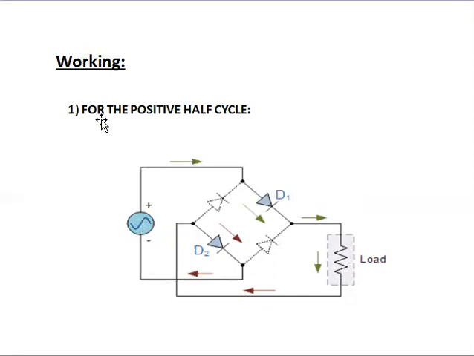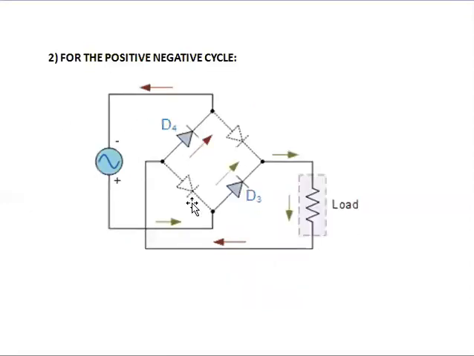So this is the operation for the positive half cycle, and coming to the negative half cycle, we have to consider the diodes D3 and D4 which are conducting. That means if you are considering the negative half cycle, the current flows in this direction as shown here. From here the current enters into the load.